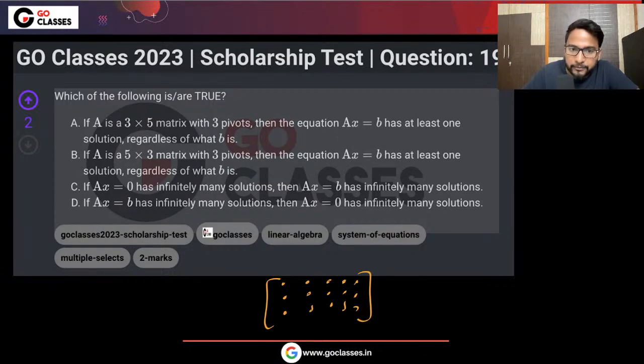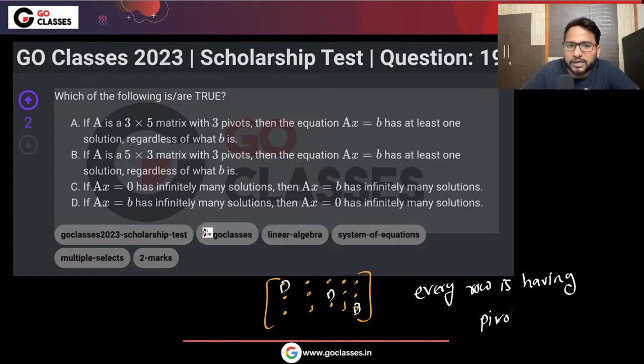If you are having 3 pivots, which means every row is having a pivot, or another way, you have R3 and you have 3 linearly independent columns in R3, then there is always a solution. So basically A is true.